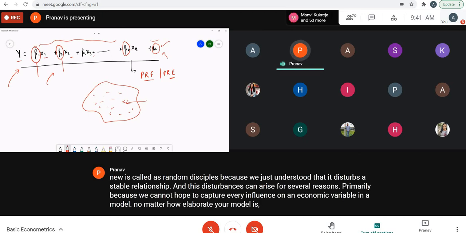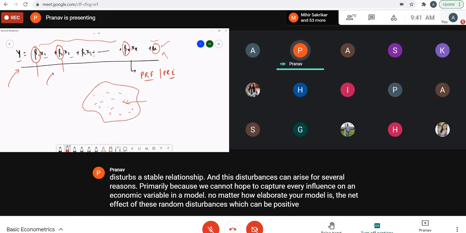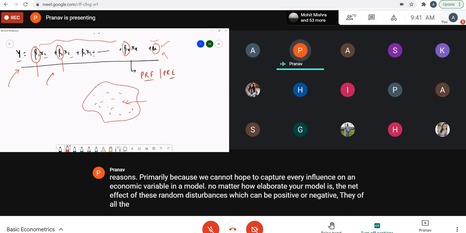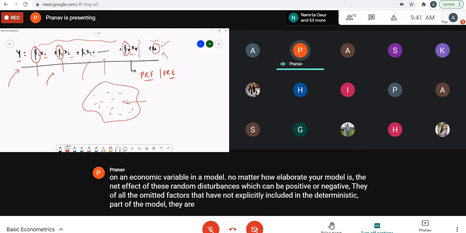The net effect of these random disturbances, which can be positive or negative, of all the omitted factors that I have not explicitly included in the deterministic part of the model, is commonly referred to as random disturbances.